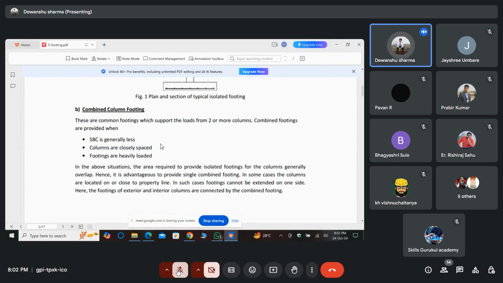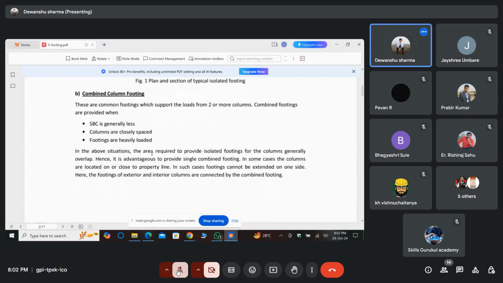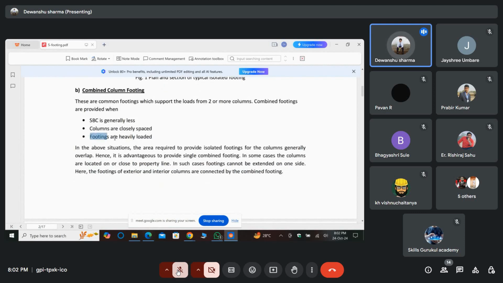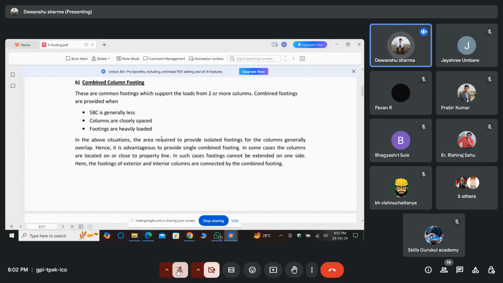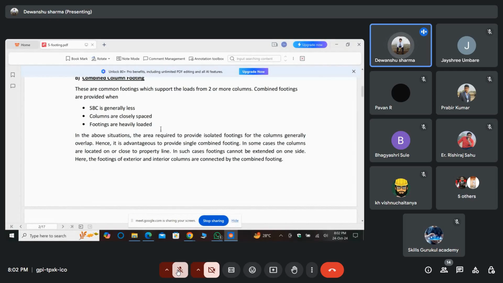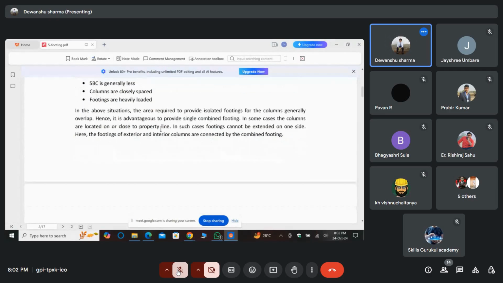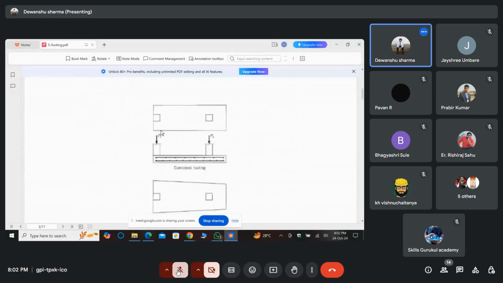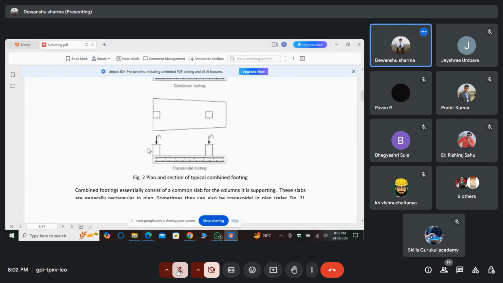To counter that, we provide a combined footing for both the columns. Another reason is footings are heavily loaded, that is, the load coming from the superstructure is very high. So for safety purposes, we provide combined footing there. Like this, these are two columns and a combined footing is provided for both.